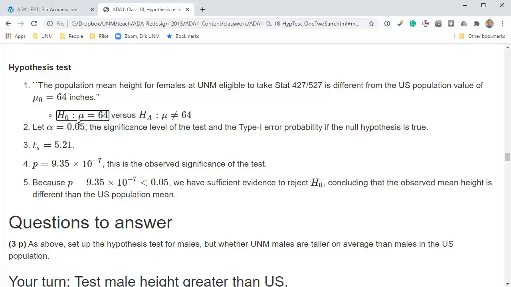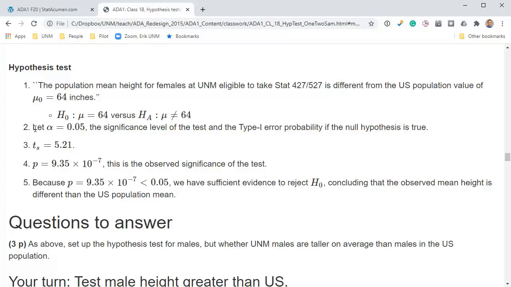Anyway, H naught is that the mean height of the population of females at UNM is equal to 64 inches, versus the alternative where we're looking at different from, and so that is not equals. Okay, it could be greater, it could be less. We're not choosing a side, so we're saying not equal.